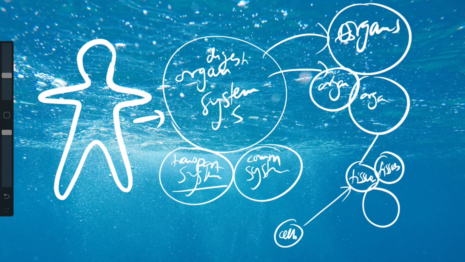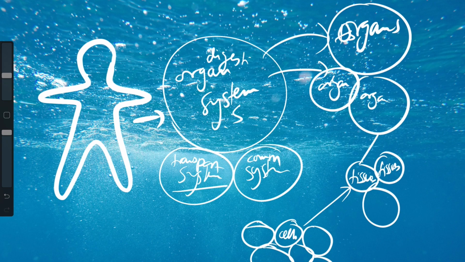Now, until this point in our discussion, cells are the basic unit, but as we'll see, cells are not really the basic unit anymore, because cells themselves are made up of things. Each of these tissues is made up of collections of cells. So each tissue, as the definition goes, is made up of cells similar in structure and function, doing a similar collective job. So you have all these cells doing these things, forming tissues.